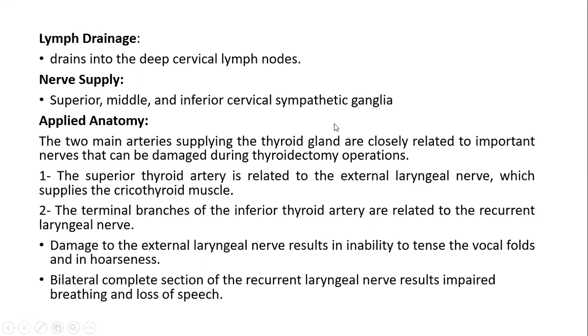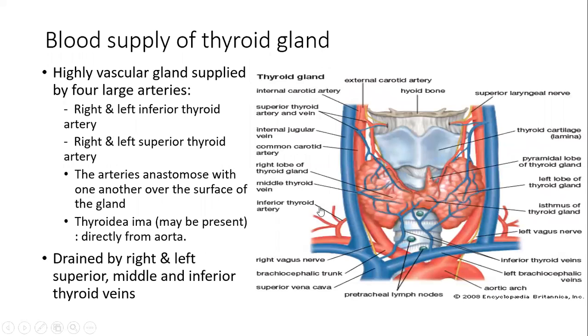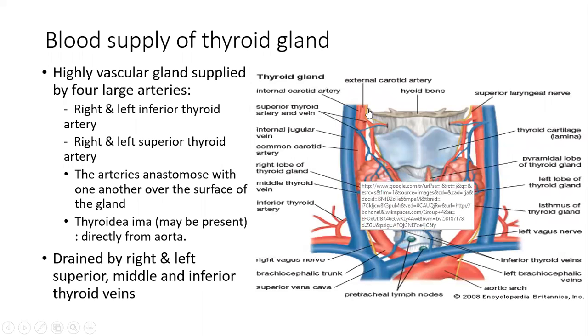So what are those? One is the superior thyroid artery, which is related to the external laryngeal nerve, which supplies the cricothyroid muscle, one of the very important muscles of the larynx. This external laryngeal nerve is very close to the superior thyroid artery. This is the superior thyroid artery, and if you see here, this is the external laryngeal nerve coming all the way.